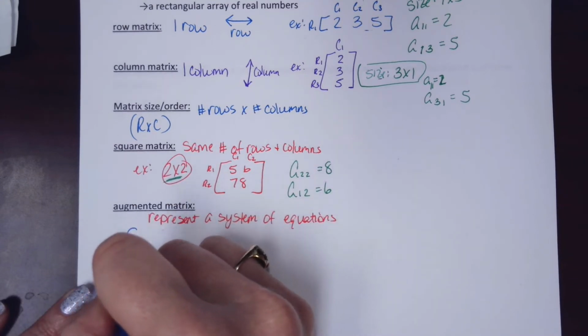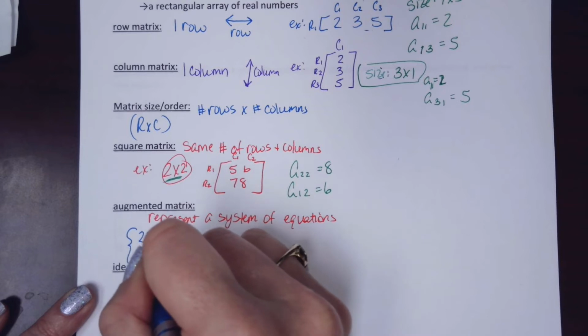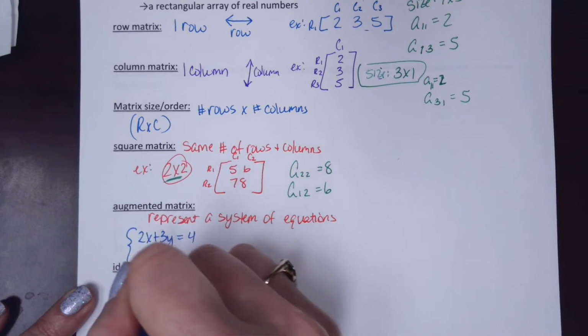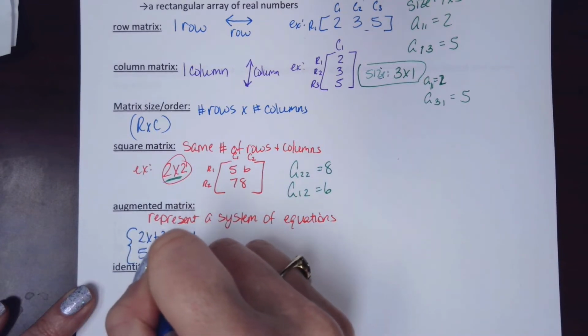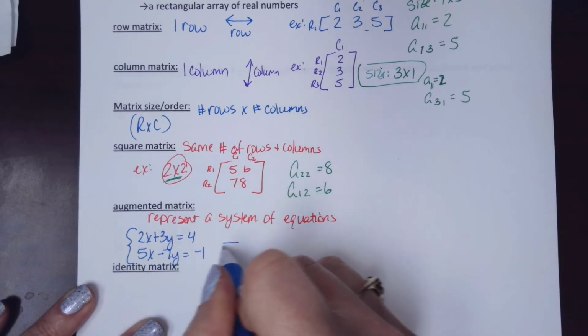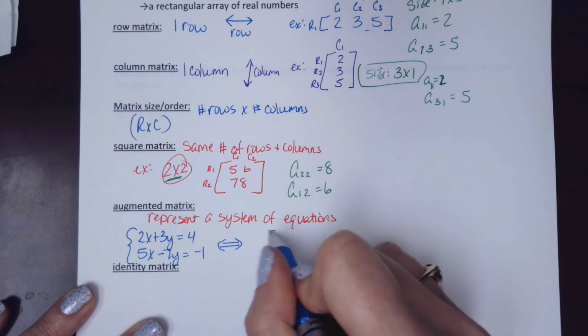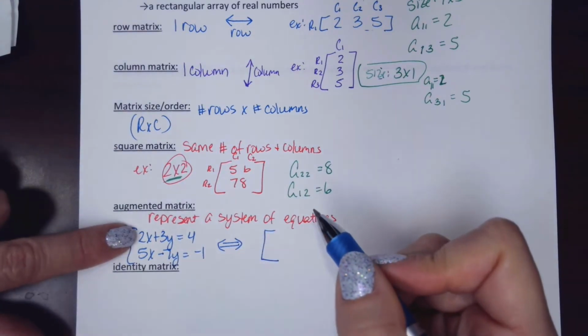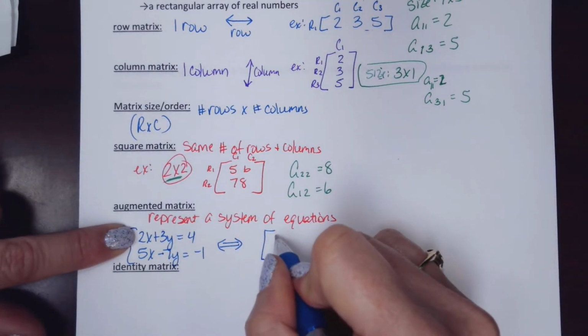So let's see, for example, if I have the system and I want to turn that into matrix form, I have a row for each equation.